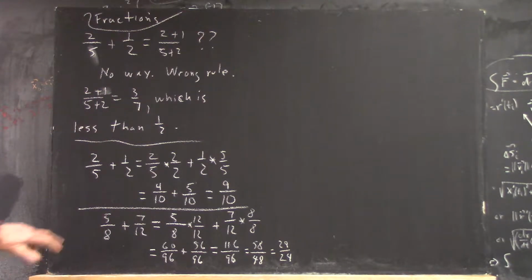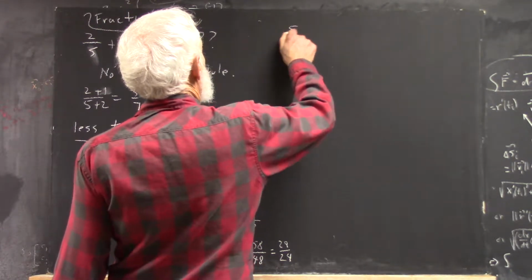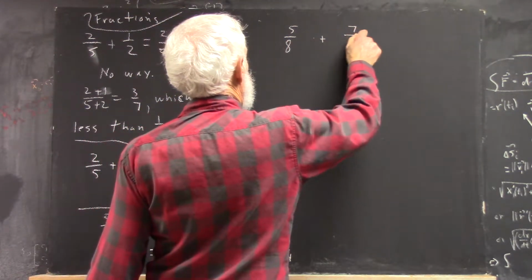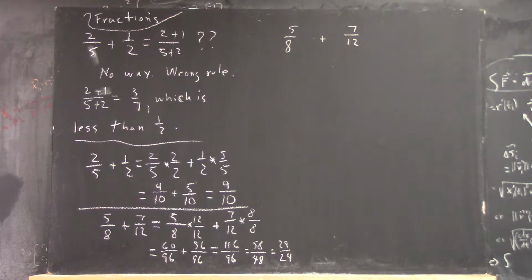Now let's revisit this problem. 5/8 plus 7/12, okay? Is there a smaller number that's a multiple of both 8 and 12? What is it? 2.